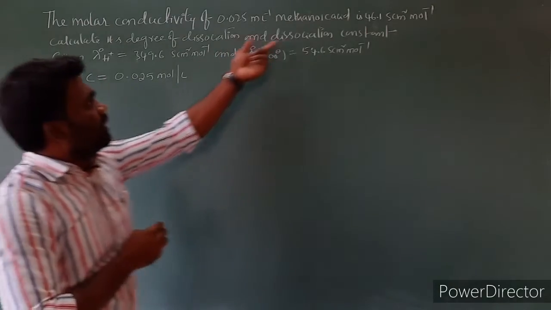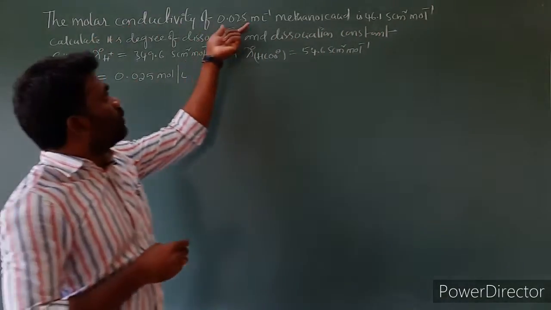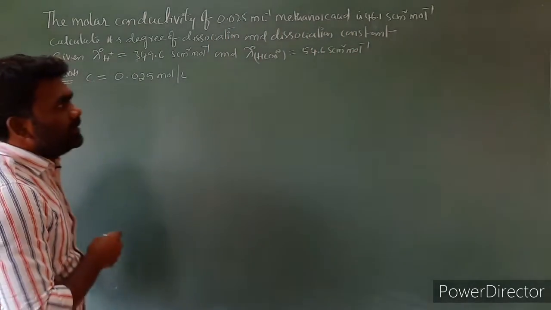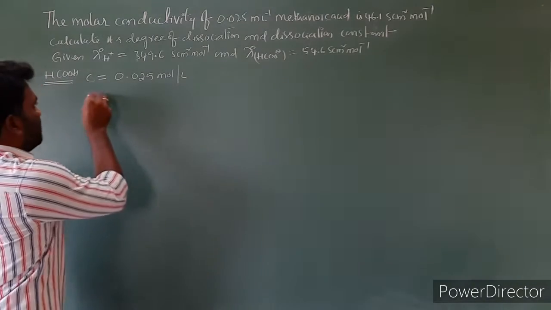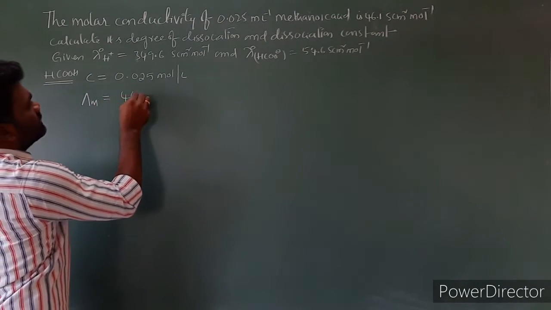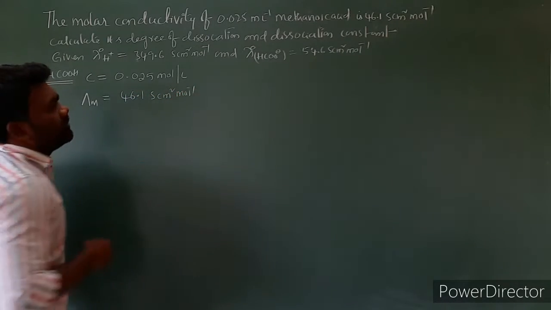The molar conductivity of 0.025 mole per liter methanoic acid is 46.1 Siemens centimeter square mole inverse. Lambda m is given, molar conductivity. Lambda m is equal to 46.1 Siemens centimeter square mole inverse.